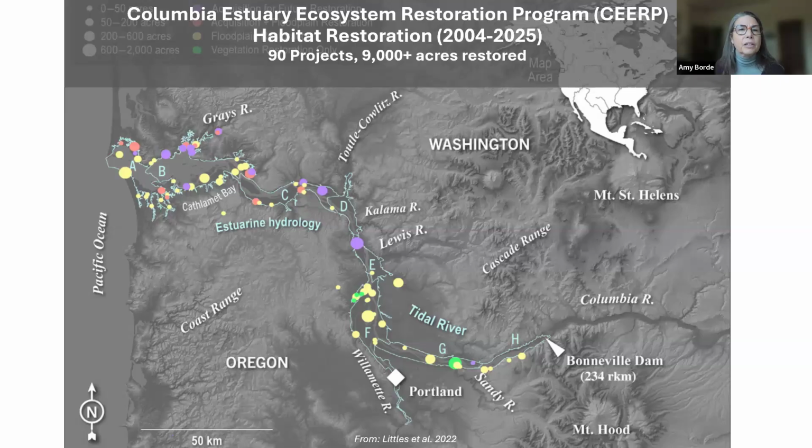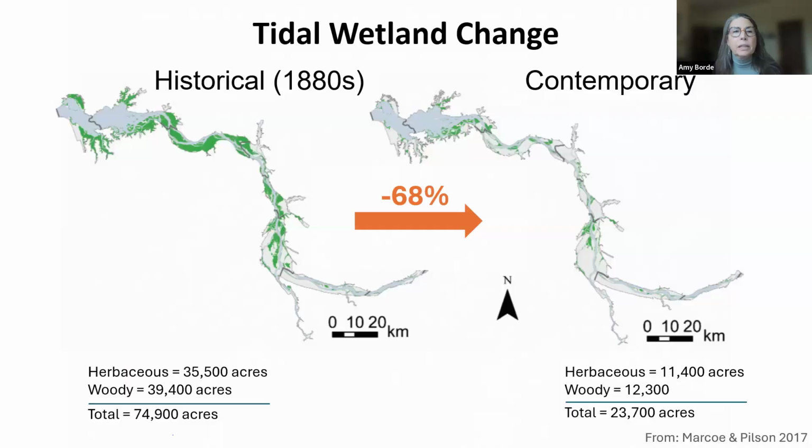So that's just a little bit of background about how we've come to be doing some of the restoration work. We're part of the Columbia Estuary Ecosystem Restoration Program, working with a lot of other partners on this. The reason that tidal wetland restoration is needed is because there really has been a dramatic loss of this kind of habitat over the last 150 years or so.